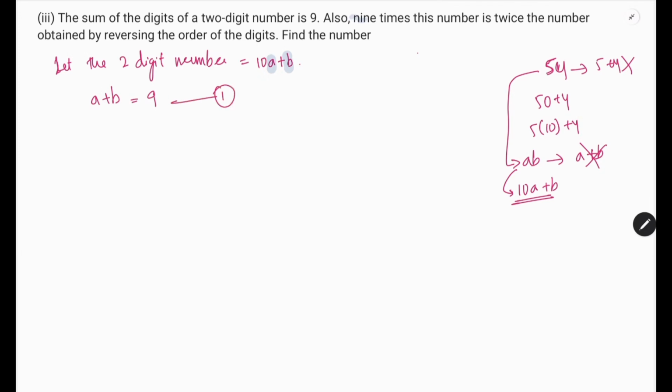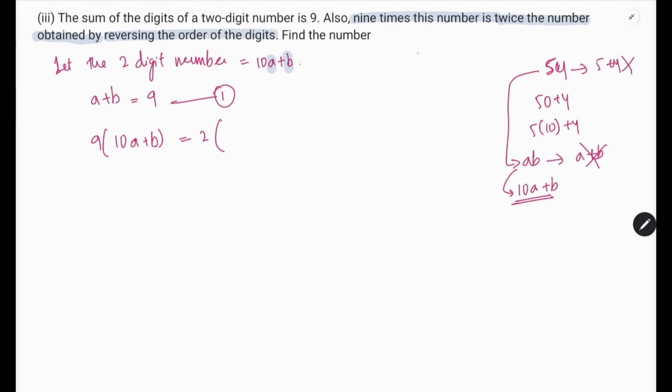And what is the second condition given? 9 times this number. 9 times 10A plus B is twice the number obtained by reversing the order.